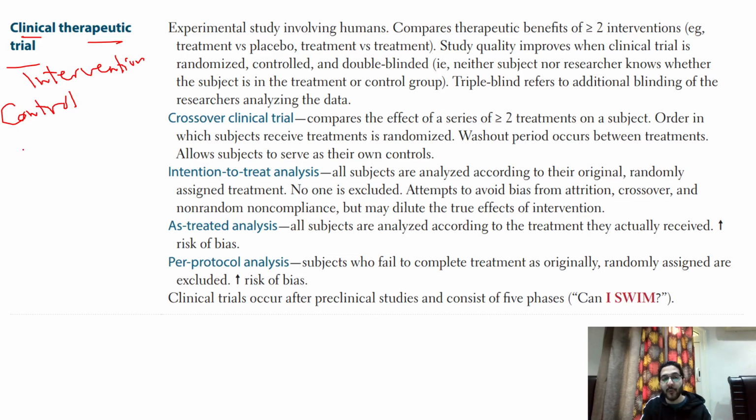So you compare, as an example, an ACE inhibitor for the treatment of blood pressure to a beta blocker, or a diuretic, or a thiazide diuretic. So you compare the effects of both. So you have to control the dose, control the patients, control everything. So it's controlled. That's the first thing about it.